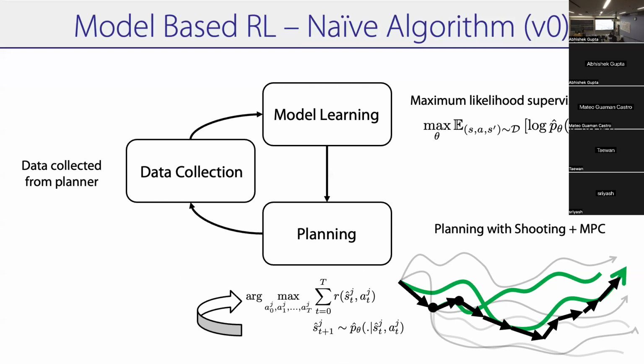So to answer Fadl's question from before, why is this naturally off policy? It's because when you're doing maximum likelihood, you can just keep feeding data from whatever source. S and A to S prime is a stationary distribution. It's inherent to the environment. It doesn't really depend on the policy. You can have many different policies executing in the same environment, and they're all governed by the physics that takes you from S and A to S prime.